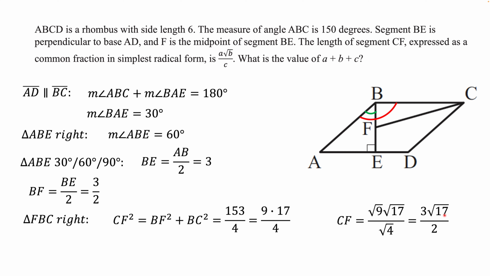Notice that 3, 17, and 2 are prime numbers. So really we cannot simplify this fraction anymore. So this fraction is in the simplest radical form. And it should be like this: a square root of b over c, which means that a is 3, b is 17, c is 2. Add them up and get 22.